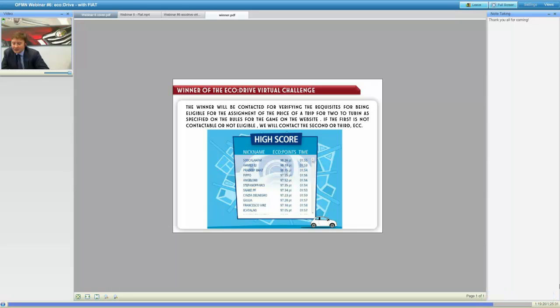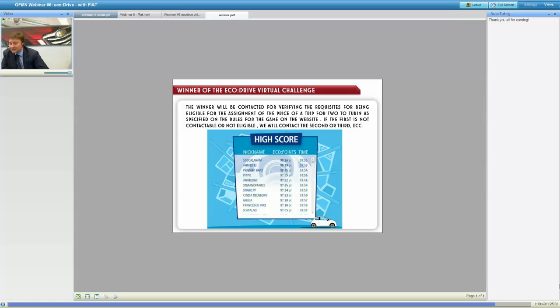Okay, it's ready. So, as you can see, we had some new players that in the last minutes of the game tried to play over and over, and now we see that the winner is the player with the nickname 500 Calham.